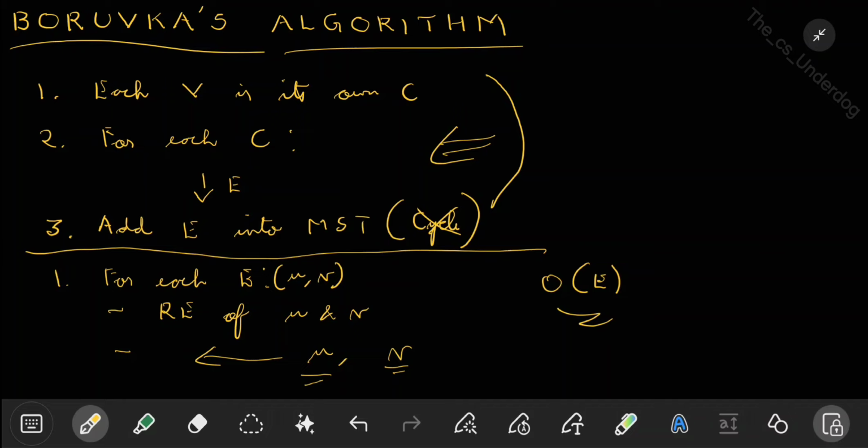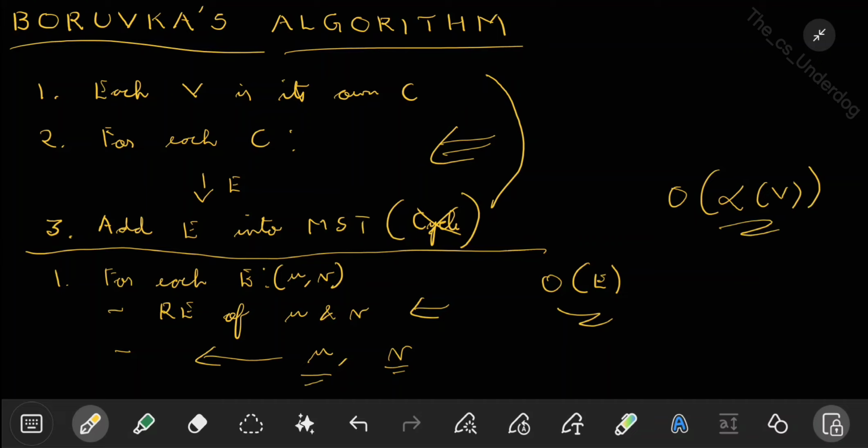First thing, you are trying to find out the representative element of U and V. So this is a find operation. In the disjoint set data structure lecture, we explained that a find operation on a disjoint set will take order of alpha of V, where alpha is the Ackermann function.